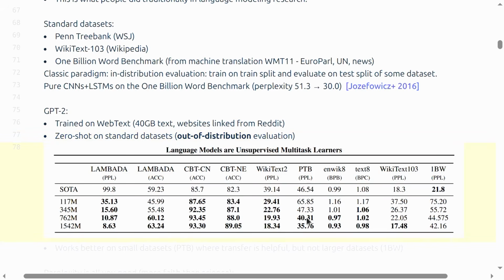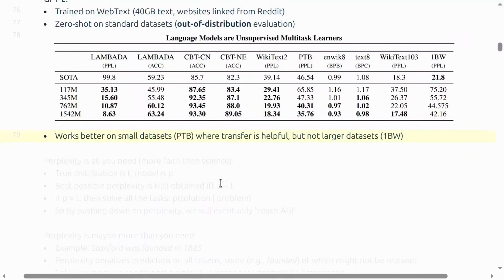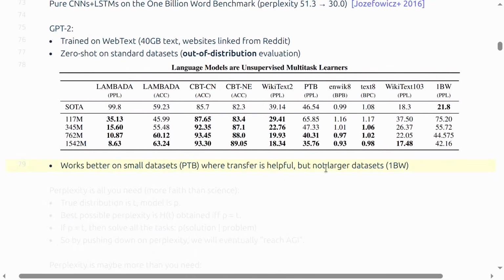So this is a table from their paper, which showed that as they trained different models, where the biggest model is 1.5 billion parameters, they were able to show quite a bit of improvement, especially on the small data sets. So for example, PTB, which is a tiny data set, they were getting 35 perplexity compared to the state-of-the-art, which is 46.